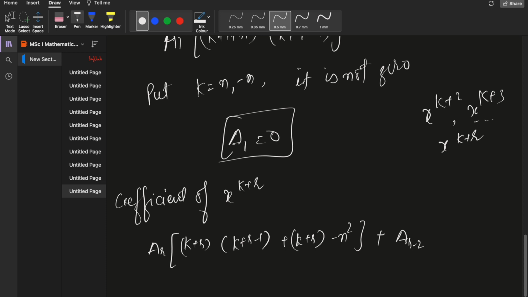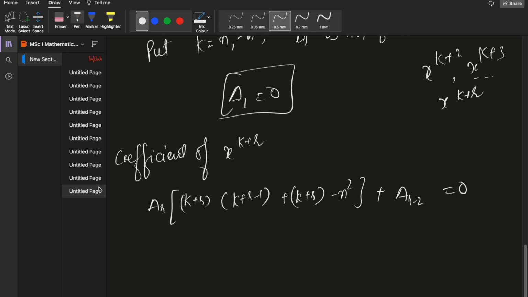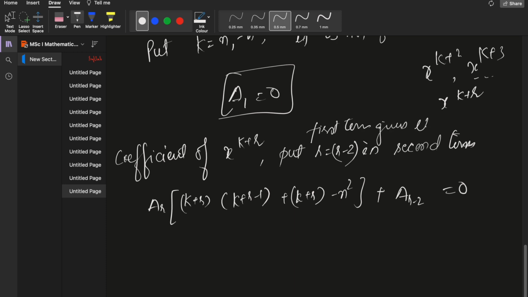So the coefficient left must equal 0. We put r equals r minus 2 in the second term, and the first term gives the original term. For the second term, we want the coefficient of x to the power k plus r, so we can get that only when r equals r minus 2.